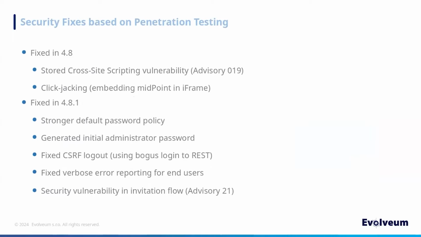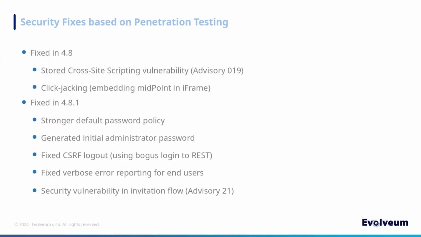In 4.8, we introduced fixes for a stored cross-site scripting vulnerability in audit details. We also fixed clickjacking, which is embedding MidPoint in an iframe from a subdomain. And we introduced the content security policy, but not the strictest one.